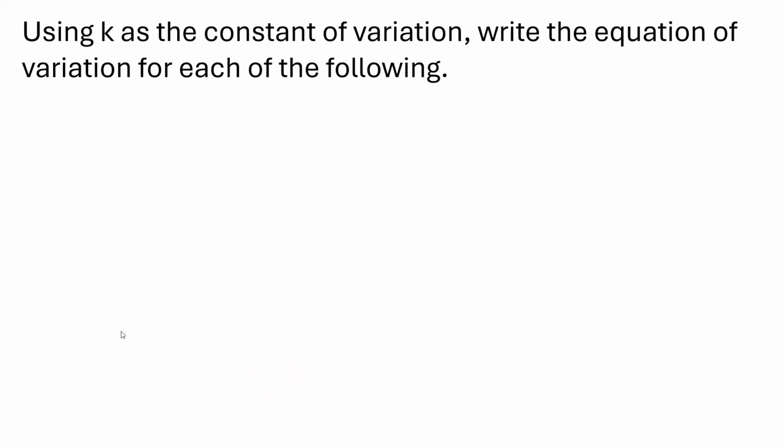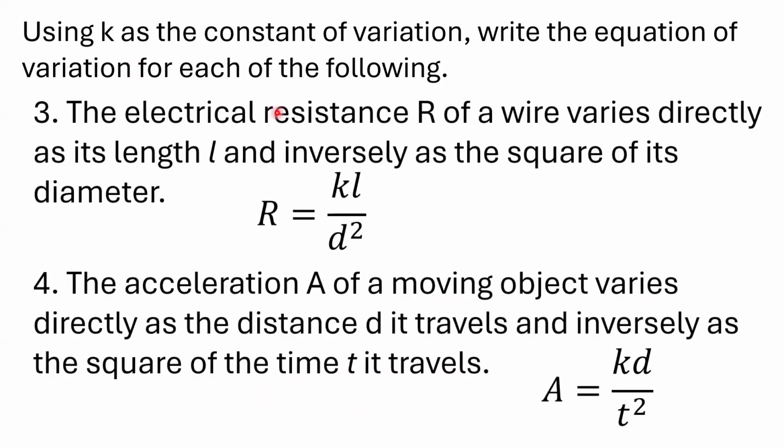Next, the electrical resistance R of a wire varies directly as its length L and inversely as the square of its diameter D. So R is equal to k times the length L, inversely as the square of D, so over D squared.